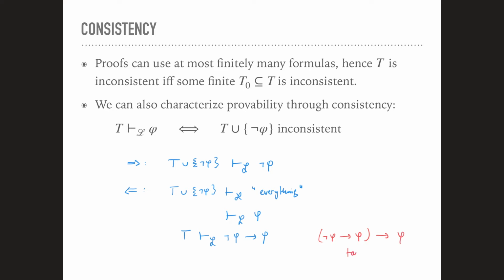So this is a tautology. And I leave it to you to put the exact details together. But again, the crucial property here is that we can go from T union not phi proves phi to T proves not phi implies phi. And this, as I already said, is a consequence of the so-called deduction theorem.